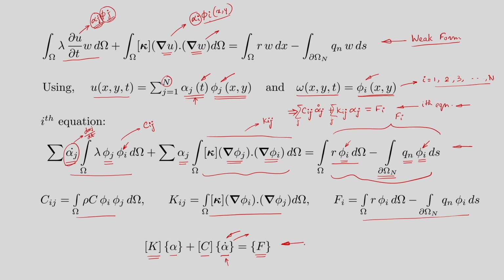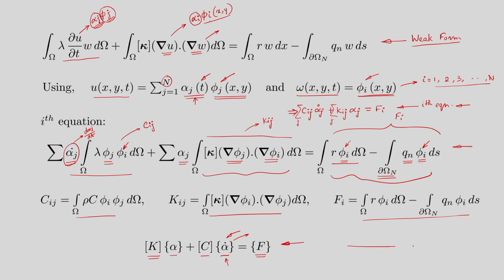Earlier we had to solve only one equation, that is k alpha equal to f, and we had to do it once, okay. But here we need to know the solution over the whole time domain, okay.